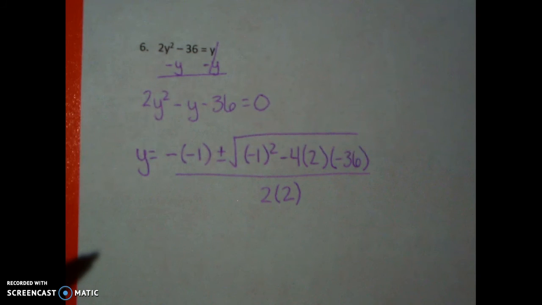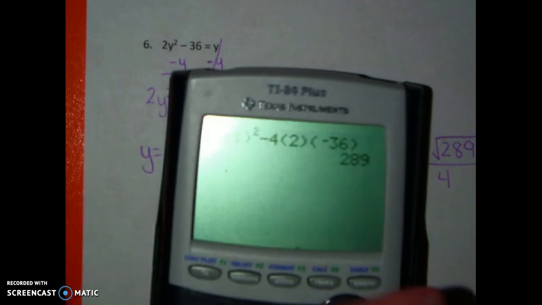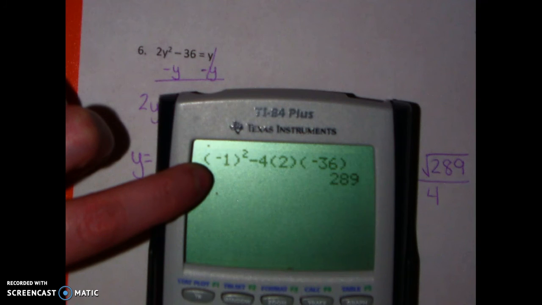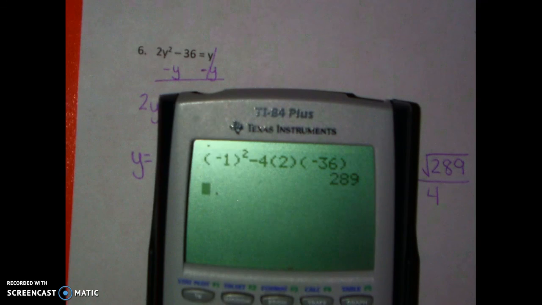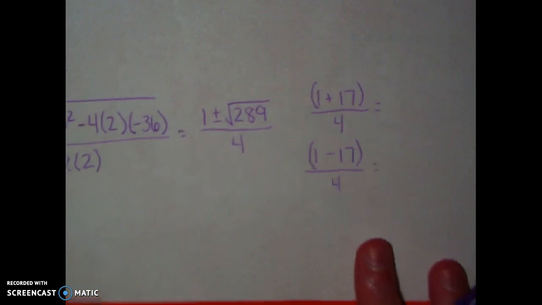Okay, I'm going to pause it here just for a second, and I'm going to simplify that inside part real quick. Okay, so in my calculator, I typed it in just like that. Make sure the negative 1 is inside parentheses before you square it, and I got 289. The square root of 289 is 17. So over here, I have these lovely things.